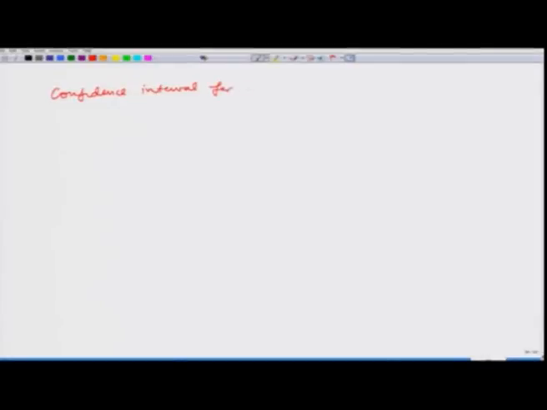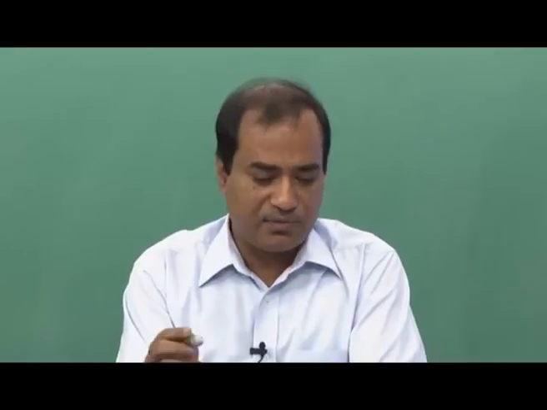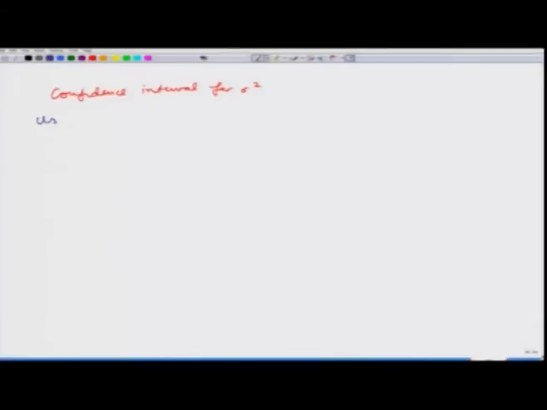for sigma square. So, in order to construct the confidence interval for sigma square, we are going to use the result which we had discussed earlier, that sum of squares due to residual divided by sigma square follows a chi-square distribution with n minus 2 degrees of freedom.